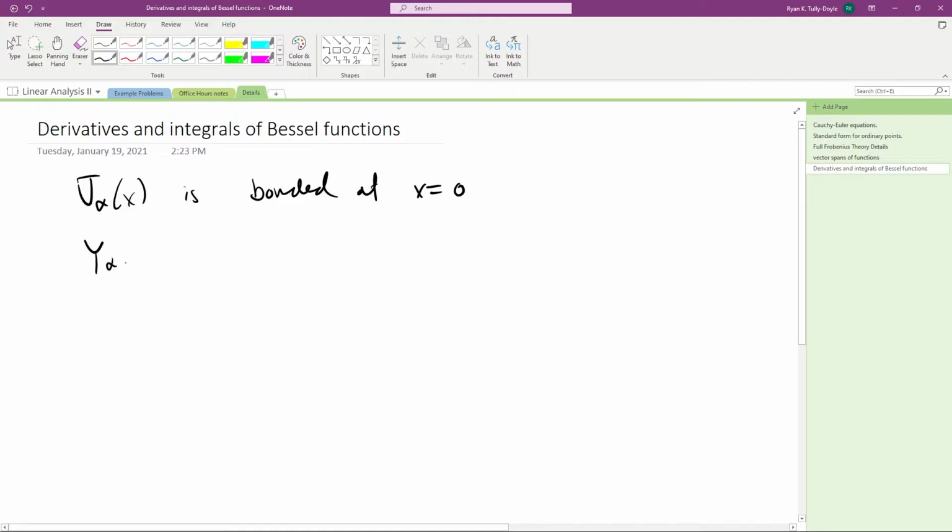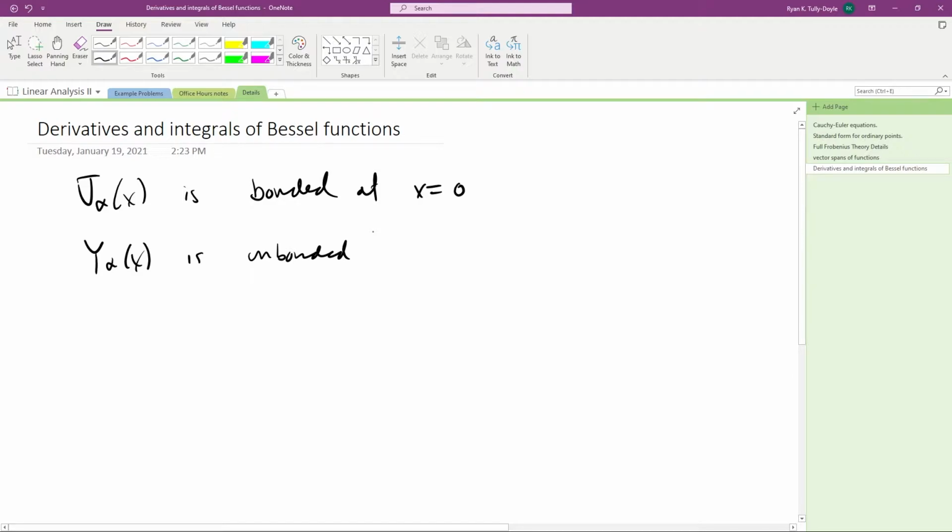And Y alpha of x, the Bessel function of the second kind, is unbounded. If you look at the graphs, you can actually see that the Bessel functions of the second kind dive off to minus infinity.